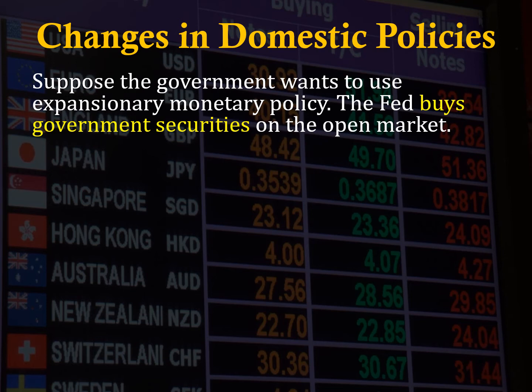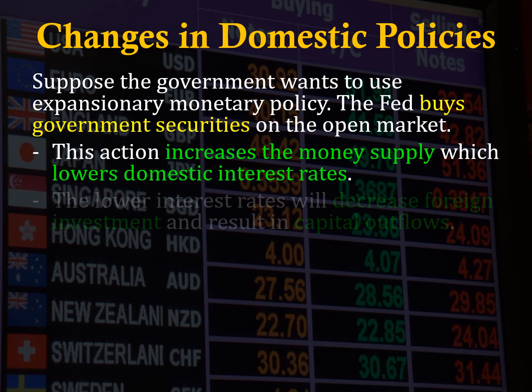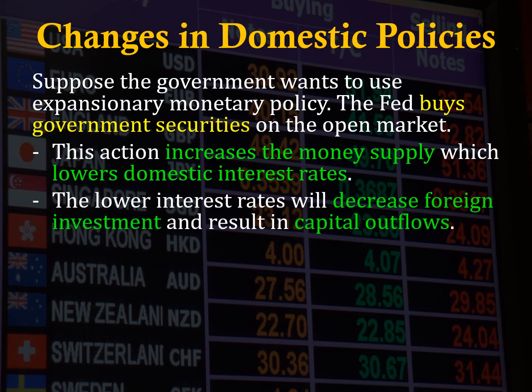Now let's take a look at monetary policy. Suppose the Fed wants to buy government securities on the open market. This action will increase the money supply, which lowers the domestic interest rates. Since interest rates are lower in America, that's going to decrease foreign investment, which is going to lead to capital outflow. People aren't going to invest in American assets because of the lower rate of return.